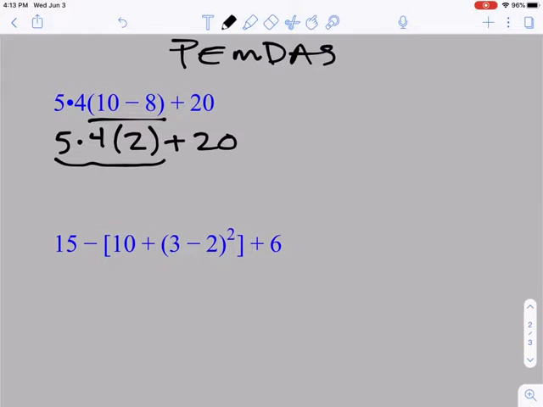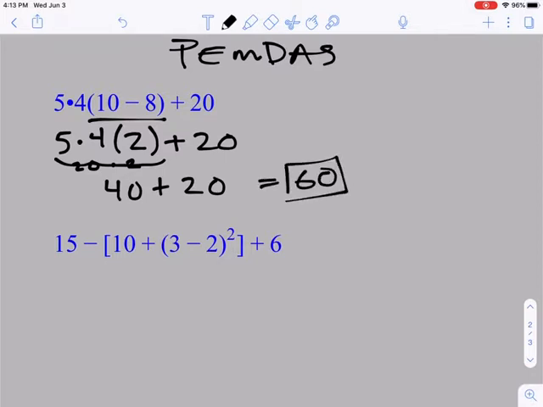So you just go left to right. A dot product is one way of showing a multiplication. Parentheses are another way of showing a multiplication, right? So you go 5 times 4, so that's 20, and then 20 times 2 is 40. So you wind up with 40 plus 20, and that gives us 60.